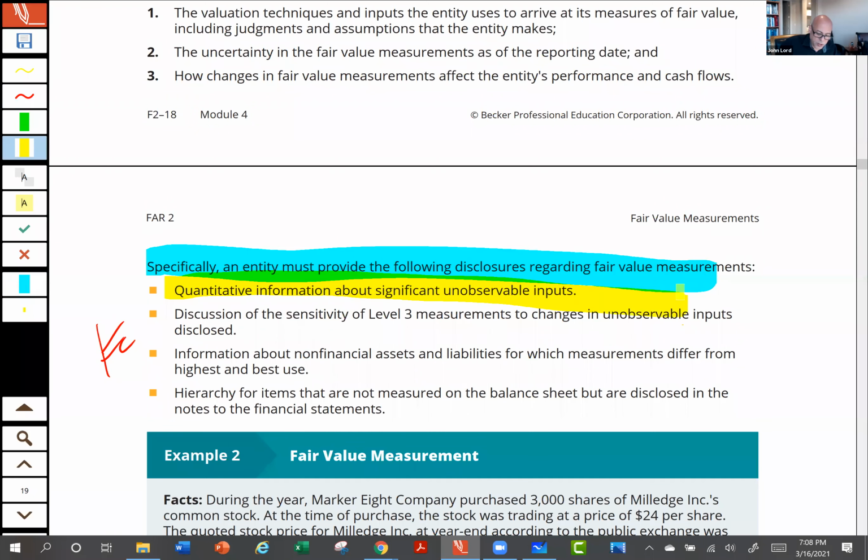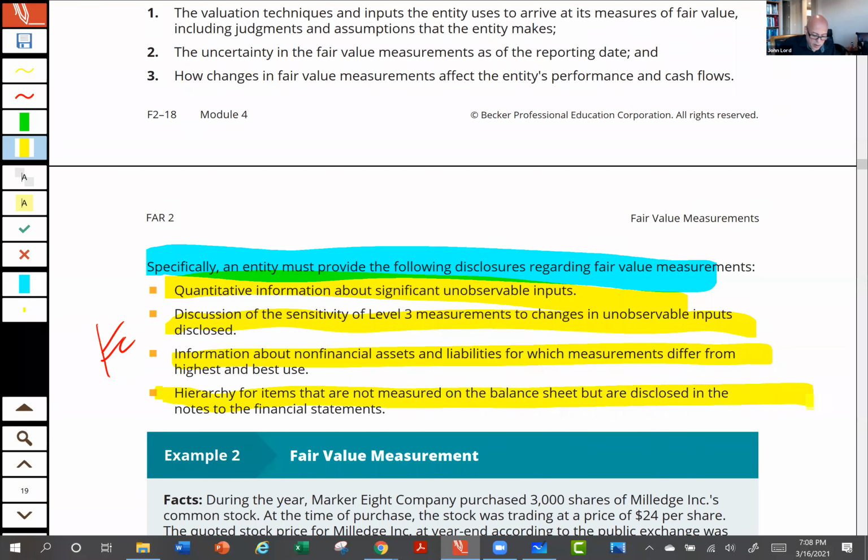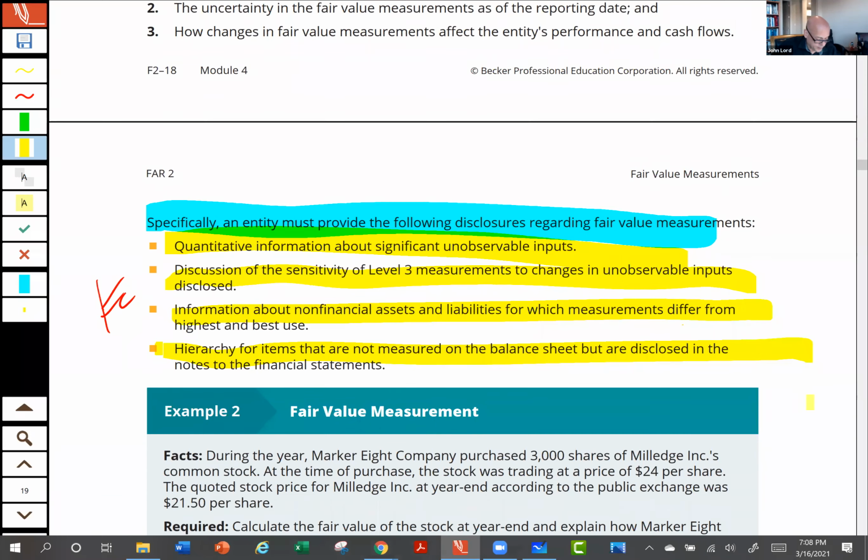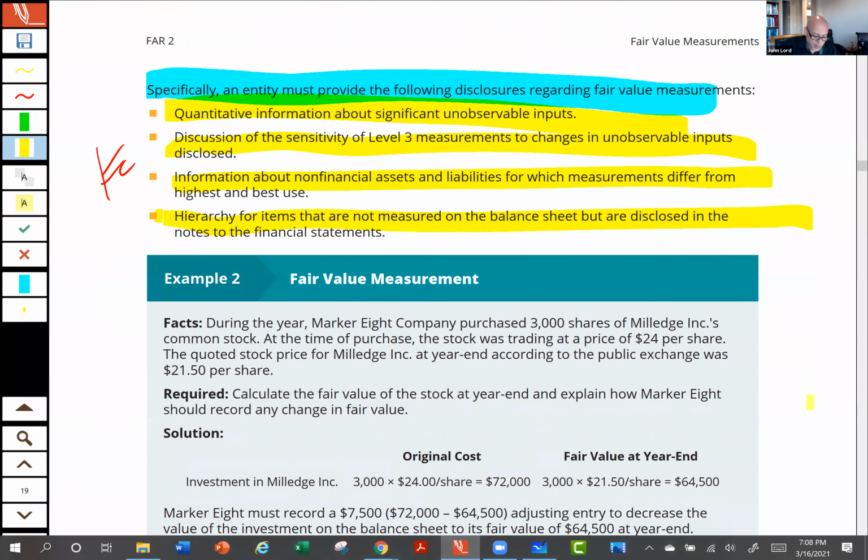Quantitative information, discussion of sensitivity, level 3 to changes, information about non-financial assets that differ, for which measurement differ from the highest and best use, hierarchy for items that are not measured on the balance sheet but are disclosed in the notes. Okay. All right, good. Let's look at this example here.